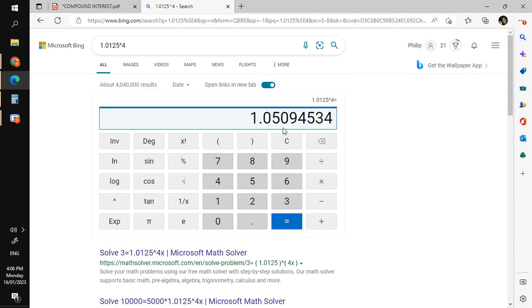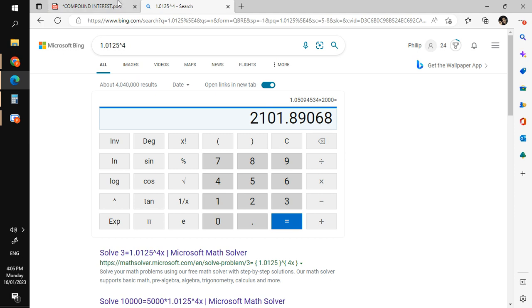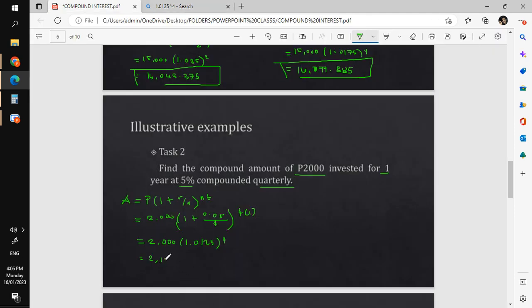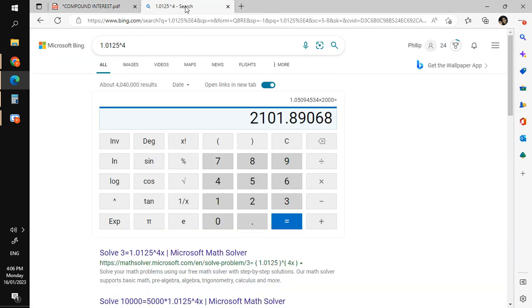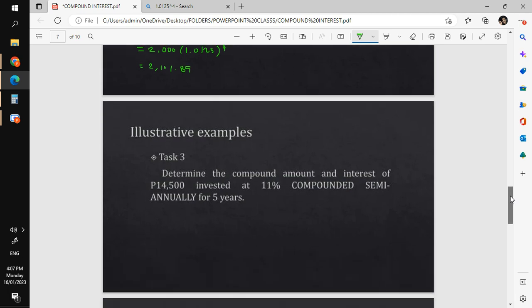That gives us the answer 1.05 something multiplied by our principal amount, which is 2,000, giving us 2,101.89. So we will stick on two digits after the decimal point.